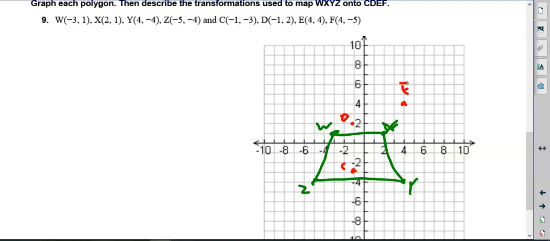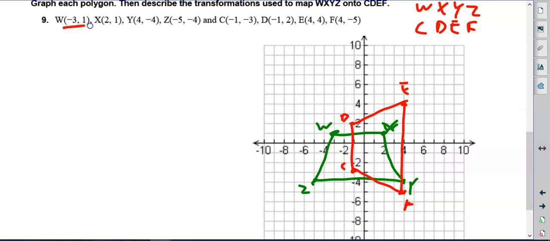And F is at 4, -5. Now remember, these have got to line up, so W, X, Y, Z has got to match up to C, D, E, F. In other words, W has to move to where C is.